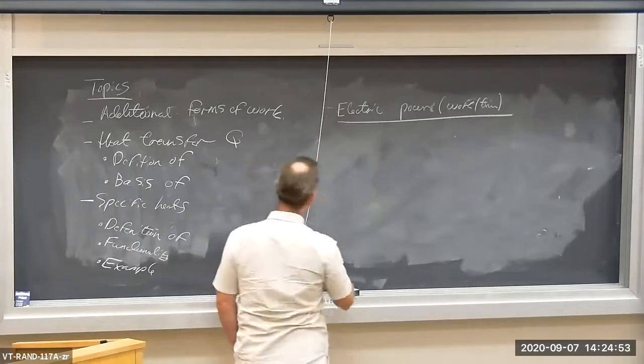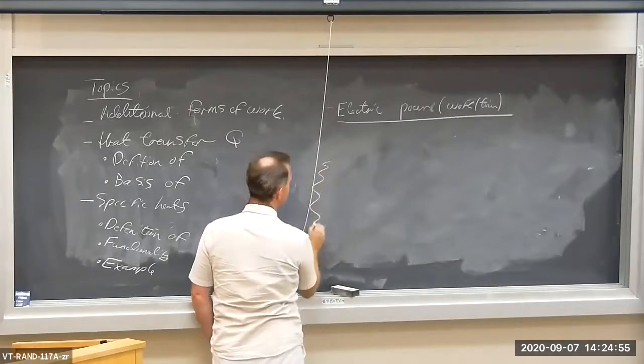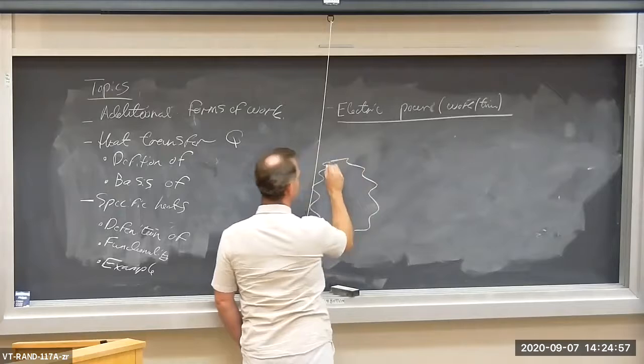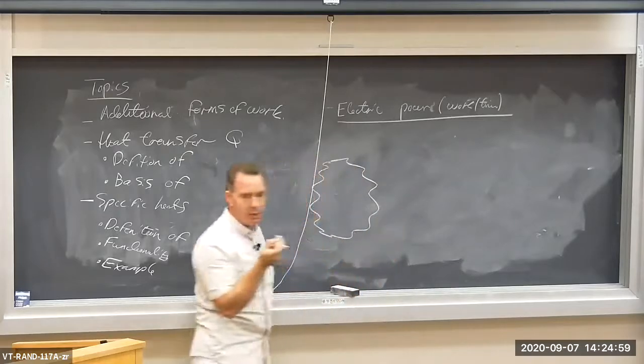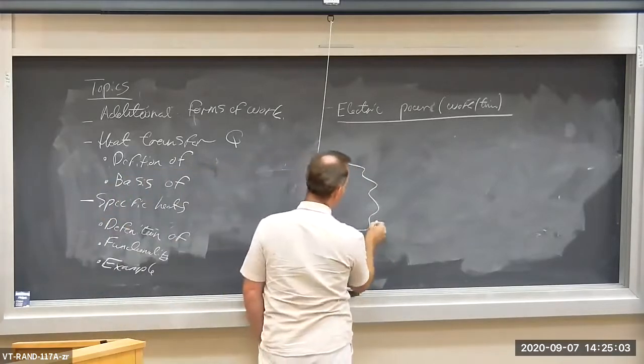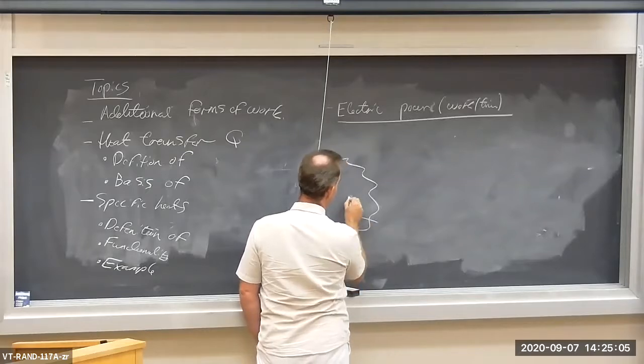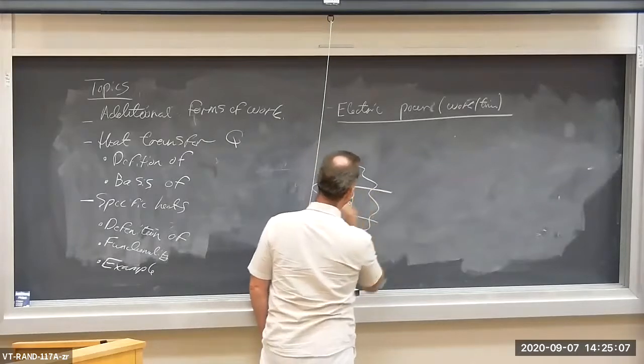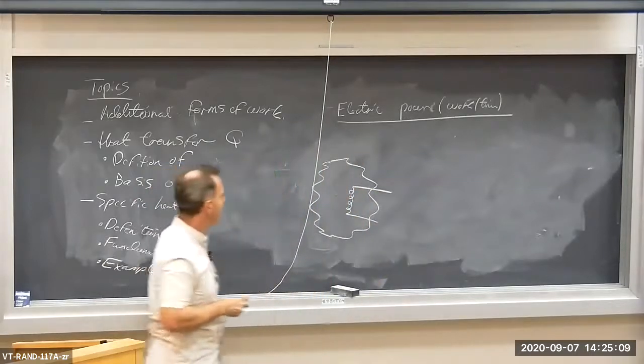So we have a system. So here's our system. And instead of having a shaft in there, we have some wires. Okay, we have some wires here.